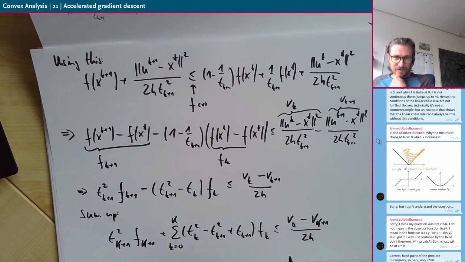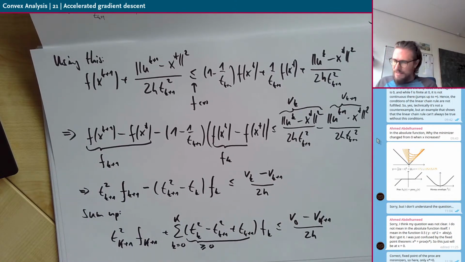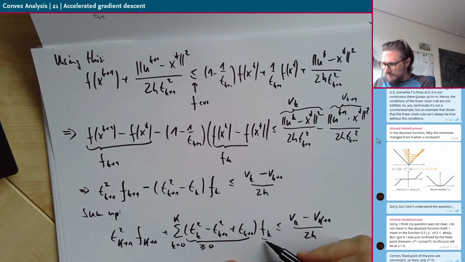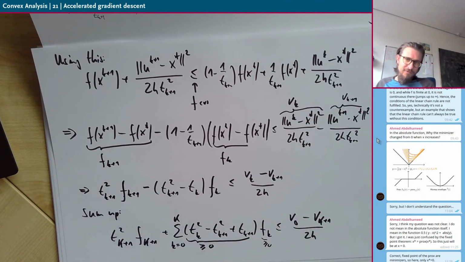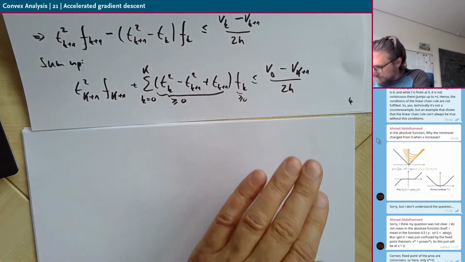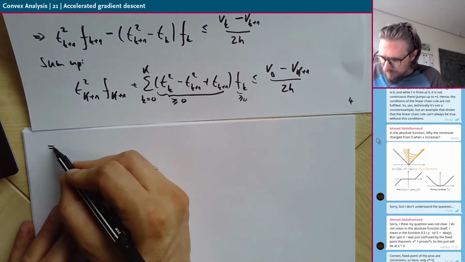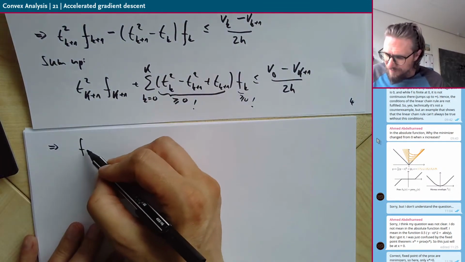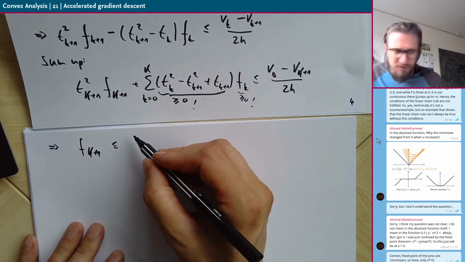Okay, and why is this good? Basically we're done now, because by assumption these guys here are non-negative, and this is non-negative anyway because it's the distance to optimality. This is also non-negative. So we can just throw this full sum away and are left with, so this is 4, because this here is non-negative, we get f_{K+1} smaller or equal.